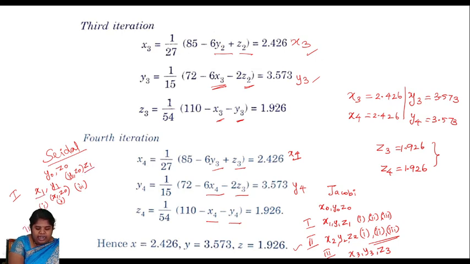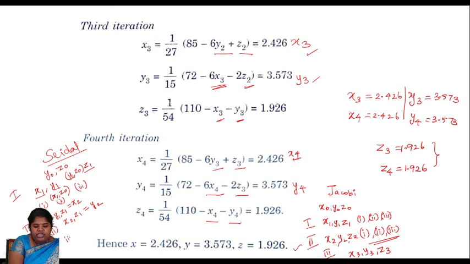So, in the second approximation, in equation 1, replace y1 and z1 and we obtain x2 here. Okay, so we replace x2 and z1 to obtain y2.